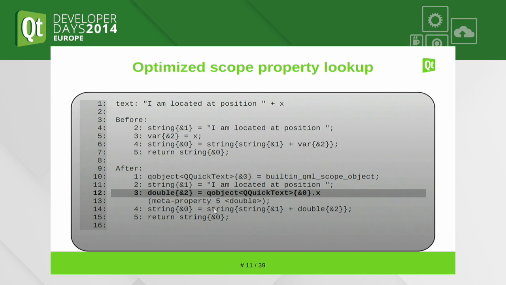In this particular example, that doesn't have much of an advantage, because concatenating a string and a double, there's not much we can do apart from turning the double into a string and then putting them together. But if this was instead a loop where we did calculations, adding up x coordinates or so, we can use that information to our advantage and know that, okay, we're adding up doubles. The result will also be a double, and we can store these things in processor registers instead, because we know it fits.